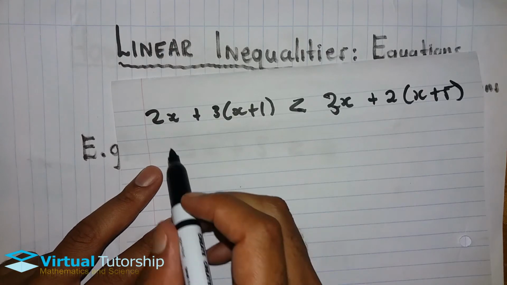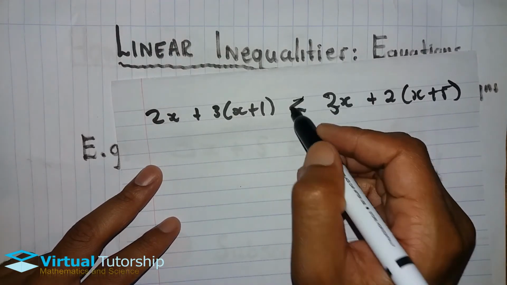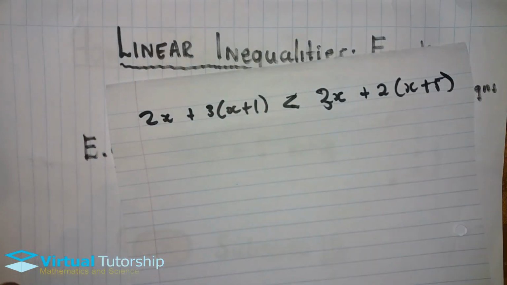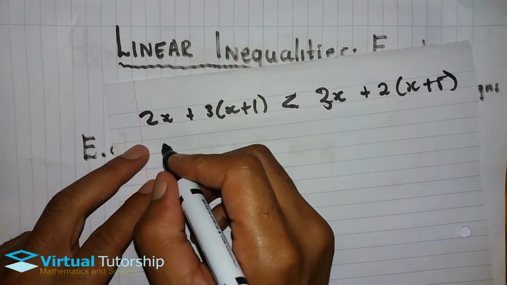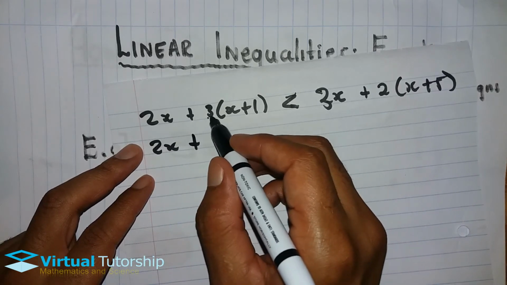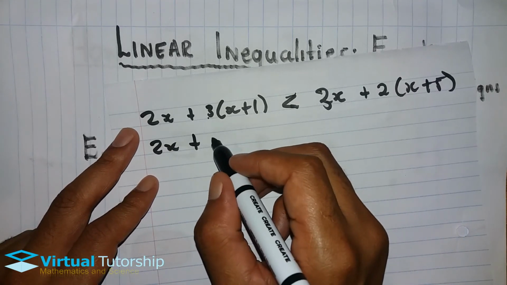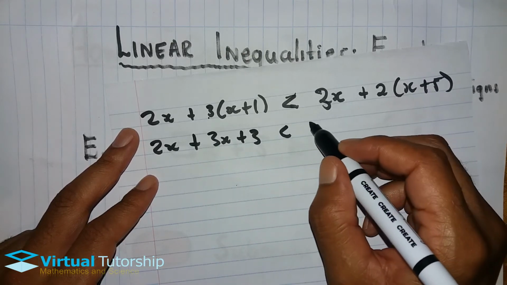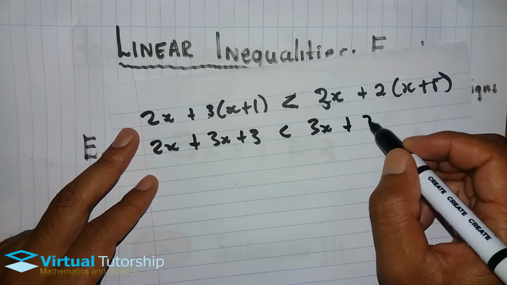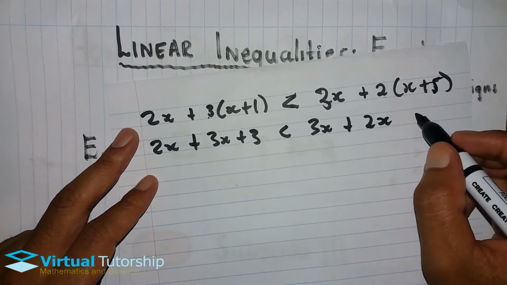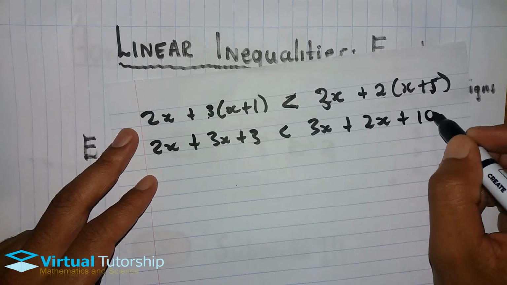Yes. Okay, so the first thing we do is solve for the bracket. This one is a bit more challenging, but anyway, it's simpler than you think. So solve for this bracket, FOIL method, it's 3x plus 3 less than 3x plus 2x, and then 2 multiplied by 5, it's 10.